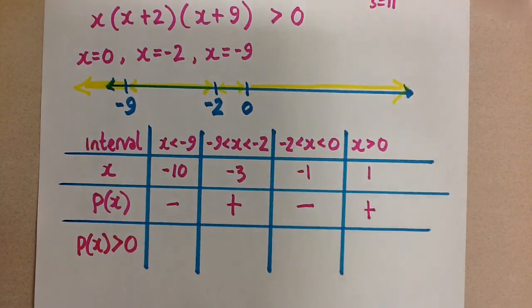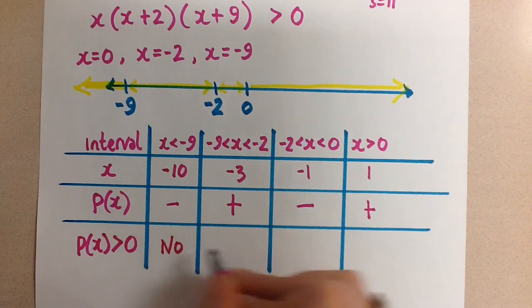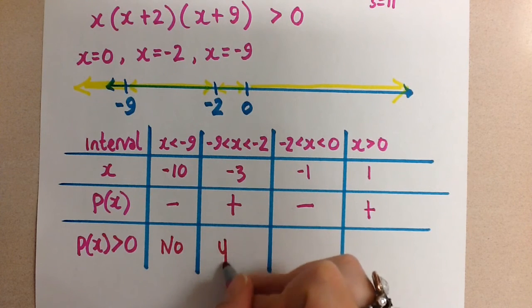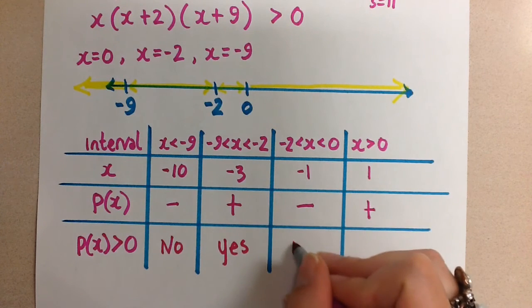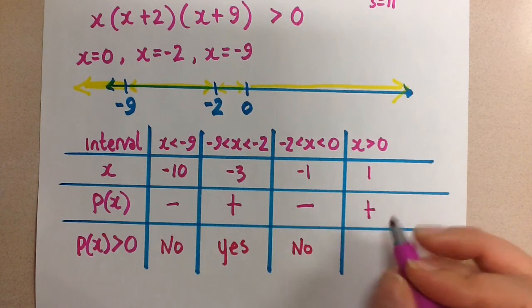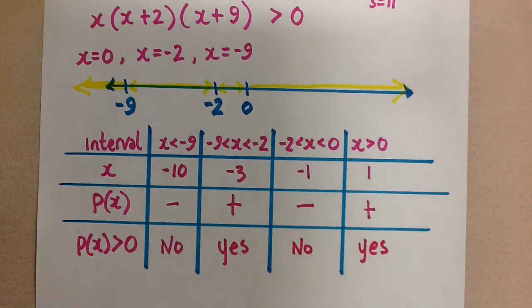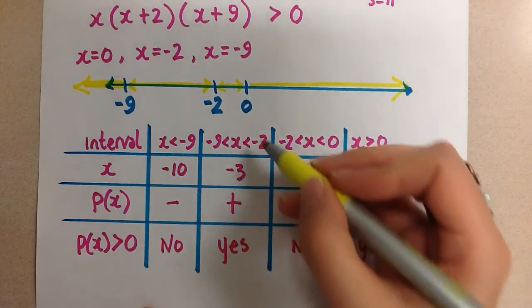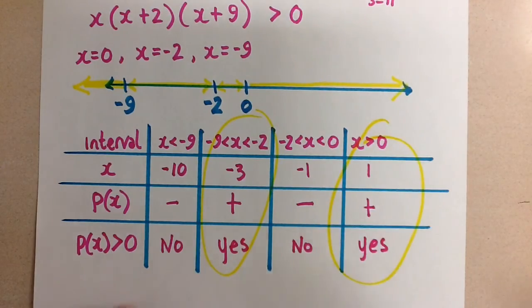We just look at the values that we put in the previous row. So here, is the polynomial greater than 0? No, it's not, because it's negative. Is this polynomial greater than 0? Yes, it is, because it's positive. Here, on this interval, it is not greater than 0, and on this interval, it is greater than 0. So the solutions for this particular inequality will be where we answered yes. So we have this section and we have this section where we answered yes.